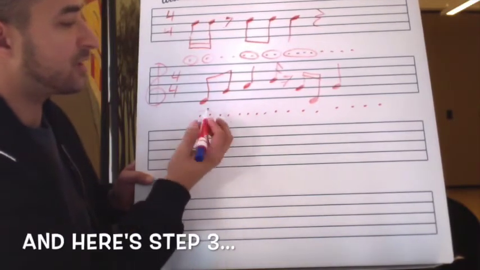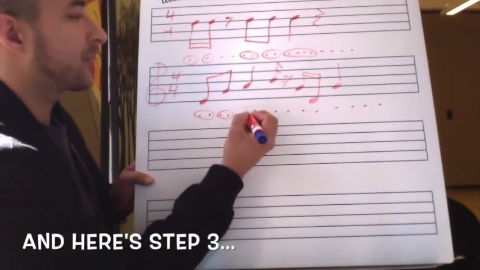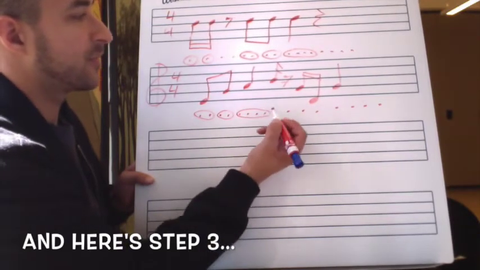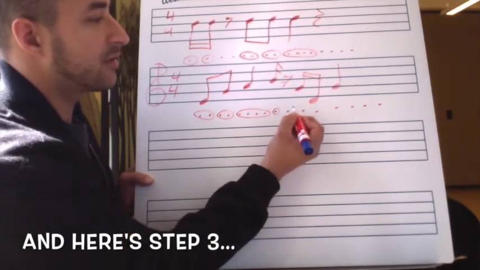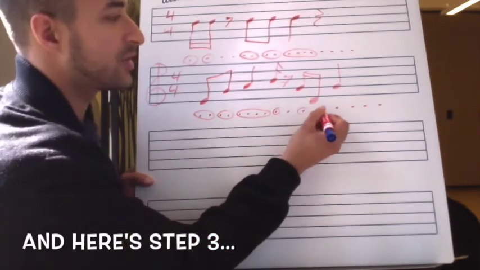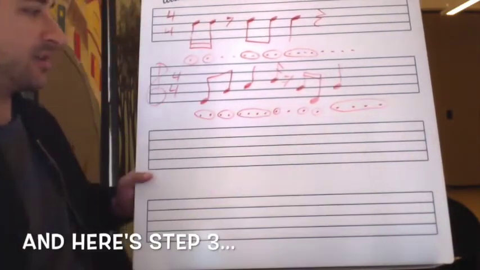So I have 2 16ths for that first 8th note, 2 16ths for the next 8th note. This quarter note is going to get 4 16ths. This is a single 16th. That's a rest, which is a 16th. I'm going to leave it blank. I have 2 more 16ths and a quarter note worth 4 16ths.